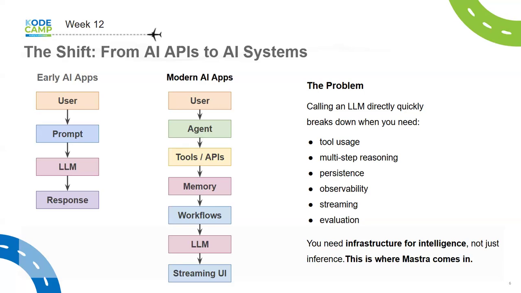These days, from towards the end of 2005 and 2006, you find that modern AI apps, you can see the stack is richer. There's a lot more in it. So the user interacts with an agent, right?